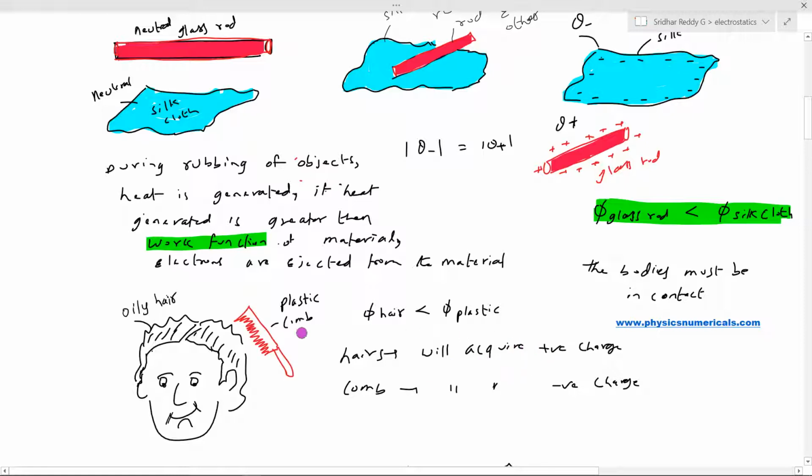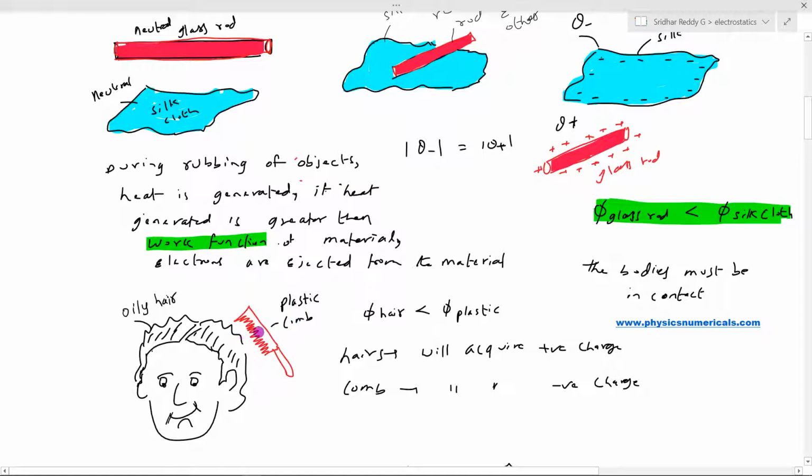What is the reason? The work function of the hair will be less than that of the comb. I know this from practical data. Usually combs are made up of plastic.